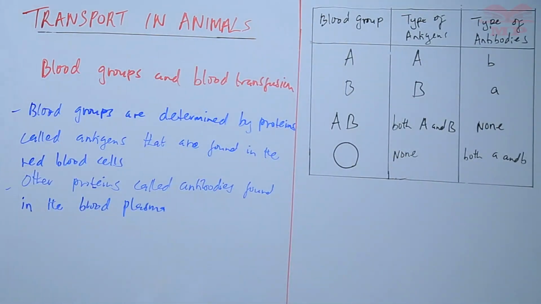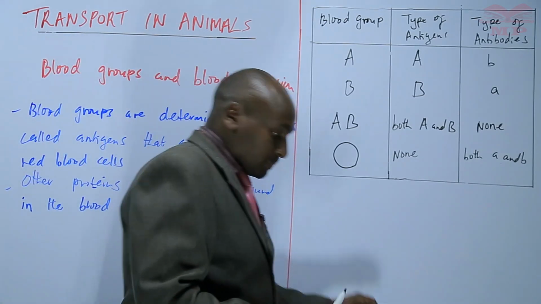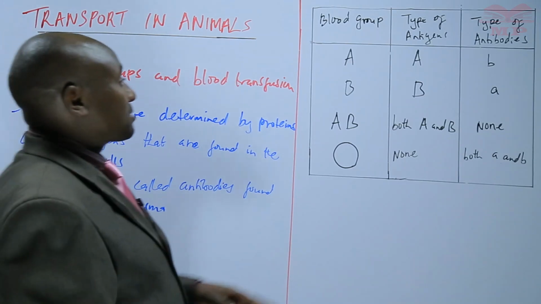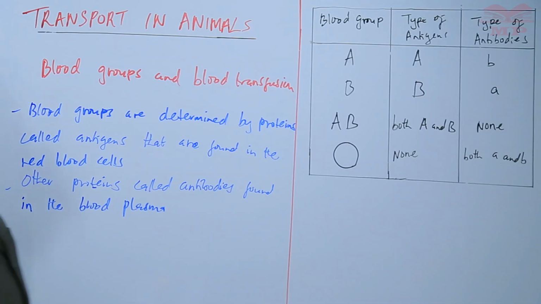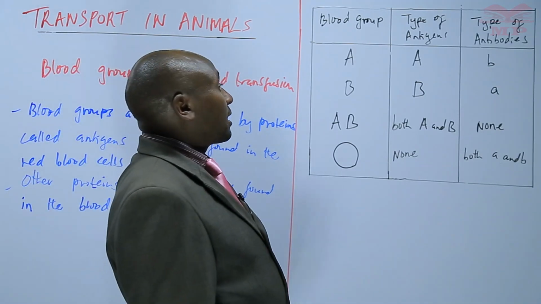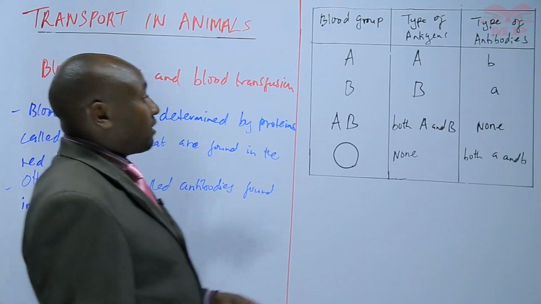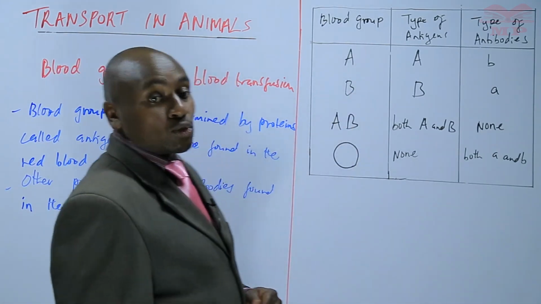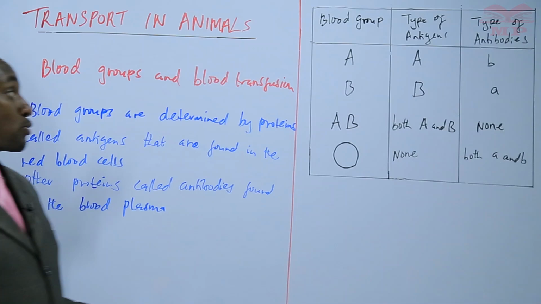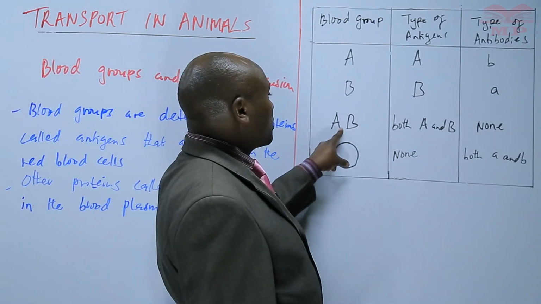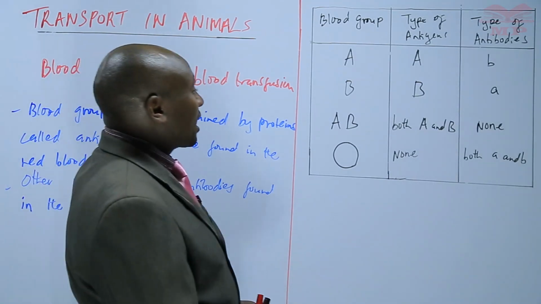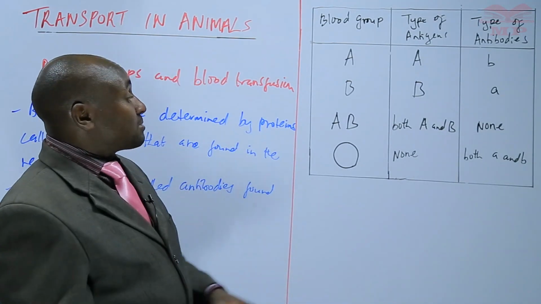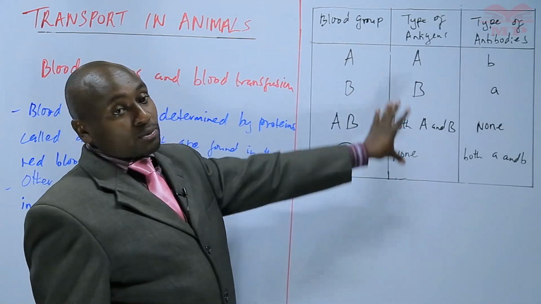So when you talk of the next thing, which is blood transfusion, the blood transfusion must match this. If a person has blood group A, that person should get blood from a person of blood group A. If a person has blood group B, that person should get blood from a person with blood group B. A person with blood group AB, we refer to that person as a universal recipient, because this person can get blood from all the blood groups.